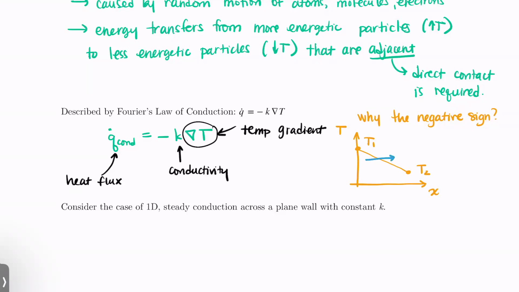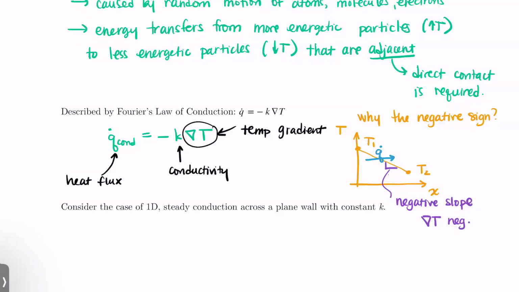Q dot is going to go from left to right, but you'll notice that this slope is negative. So the gradient of T is negative, but we know that Q dot is positive, so we have that minus sign out front to account for that.